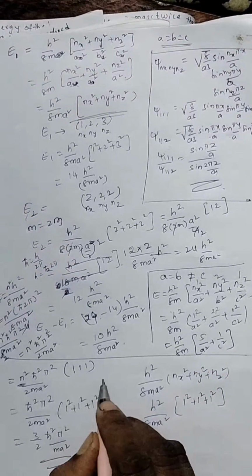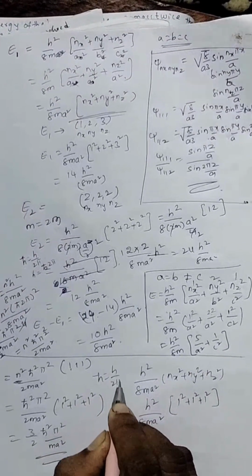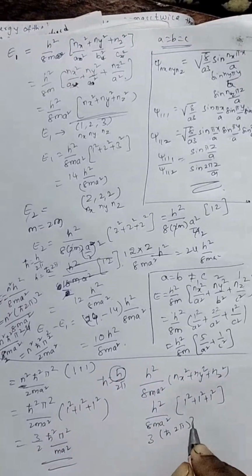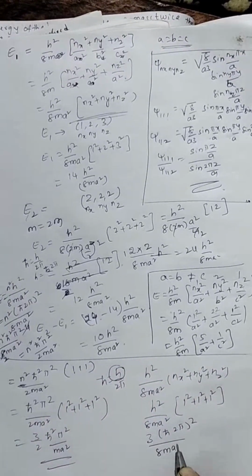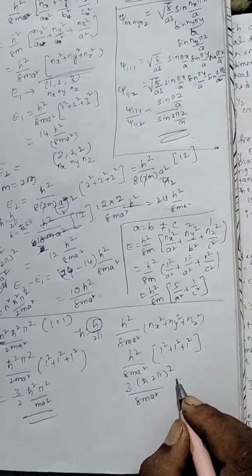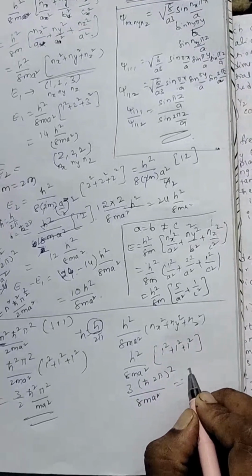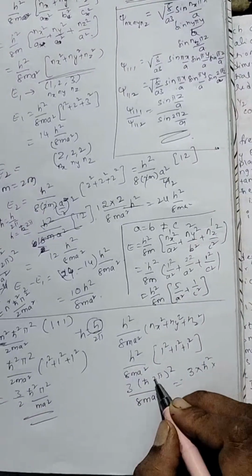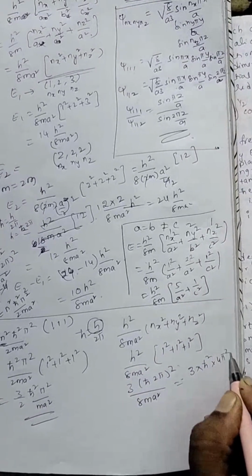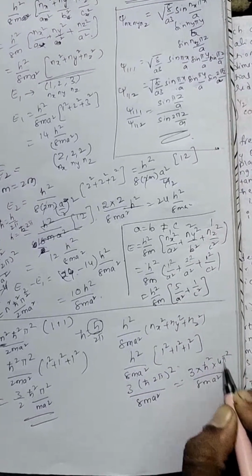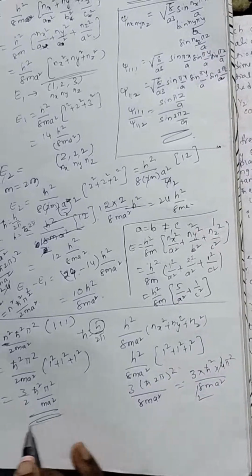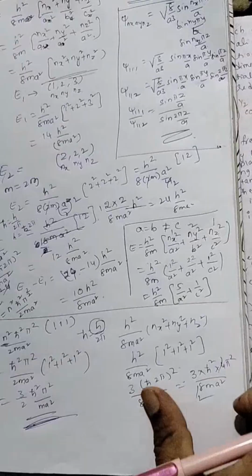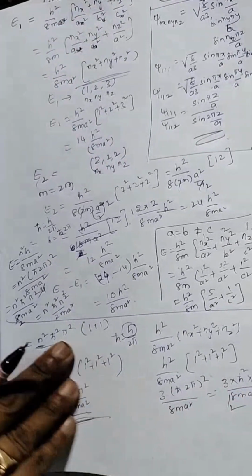In place of h, h cut is equal to h by 2 pi, so h cut 2 pi whole square by 8ma square. So 3 into h cut square into 4 pi square by 8ma square, 4 and 2s are. So same answer we will take: 3 by 2, h cut square pi square by ma square.